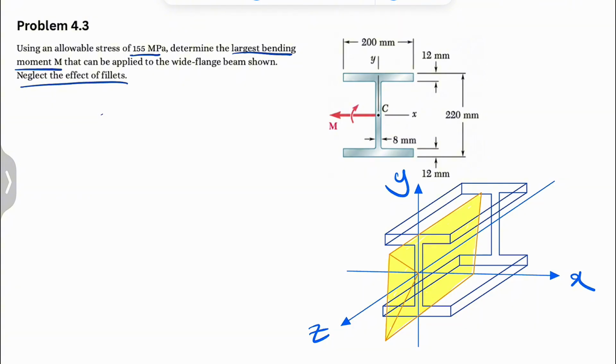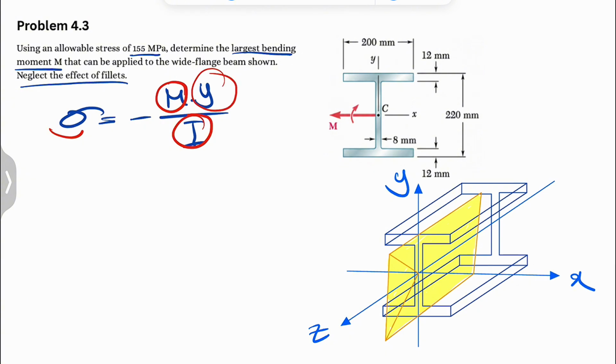This one I explained. But other than that, we're dealing with the flexure formula, moment times y over I. If you look at this, the bending moment and I are pretty much similar numbers. If you look at the stress by y, we can see we have a linear curve. If we draw sigma, or stress, based on y, the higher y we have, the higher stress we're going to get.